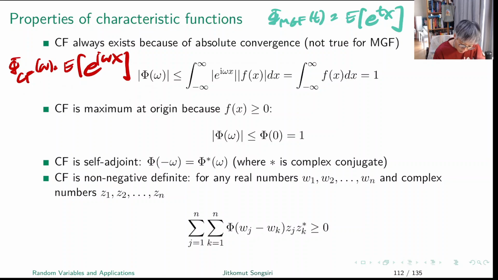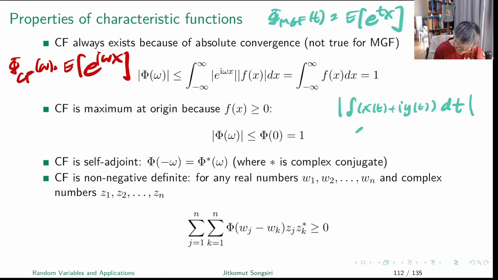This is because of a result on complex integrals. Suppose I have some complex integral, where x and y are the real part and imaginary part of some function of a real dummy variable t.